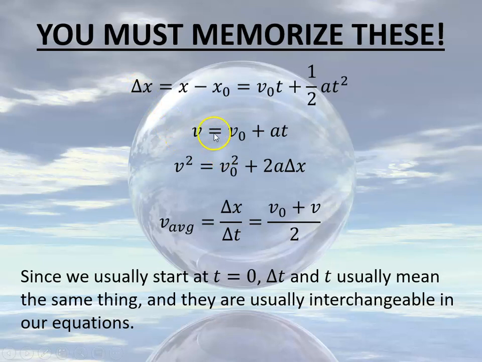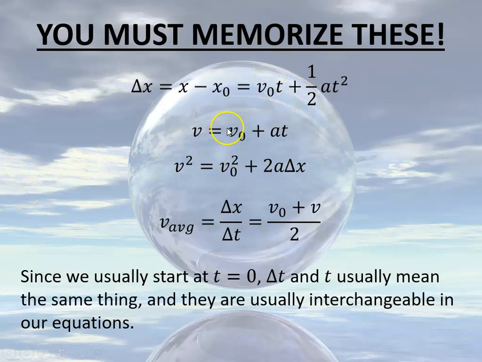V equals v naught plus at. In other words, final velocity is equal to initial velocity plus acceleration times time. Well, you know back from studying graphs that acceleration is the rate at which velocity changes. So delta v over delta t is equal to a. Being delta v over delta t, you can just rearrange and say that delta v is equal to a times t.